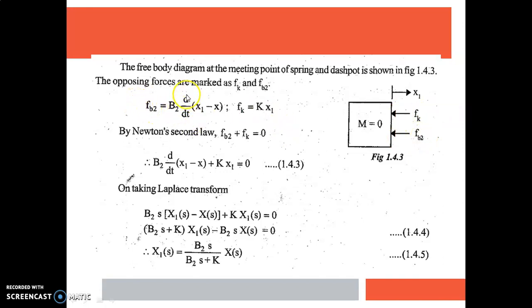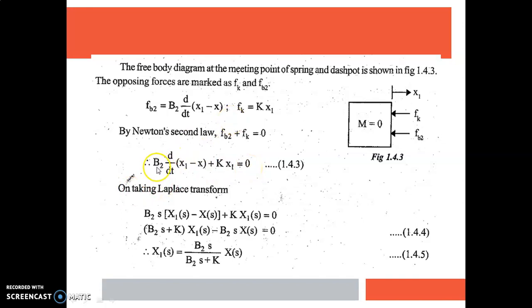Fb2 is b2 into d by dt of x1 minus x. By Newton's second law, you write the force balance equation. Sum of opposing forces is equal to sum of applied forces. There is no applied force. So Fb2 plus Fk, you substitute Fb2 and Fk here. So it will become b2 into d by dt of x1 minus x plus k into x1 is equal to 0.